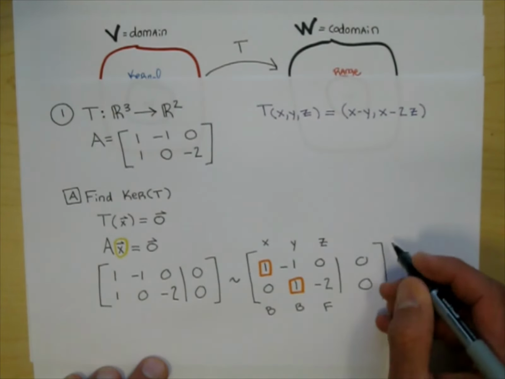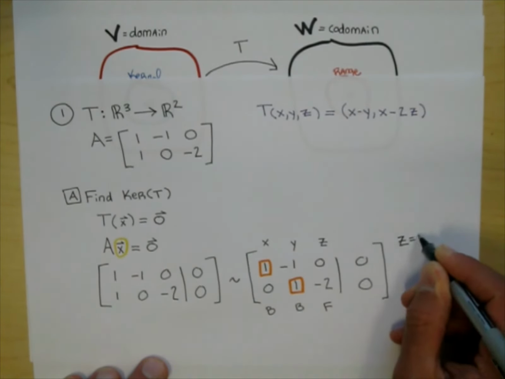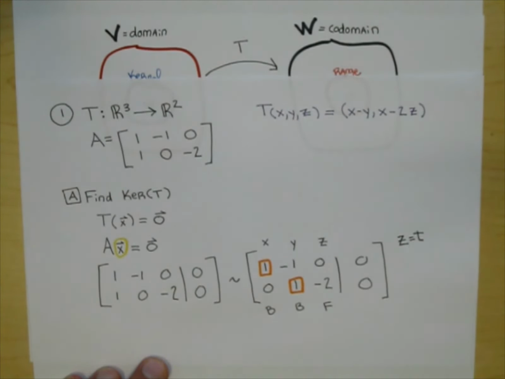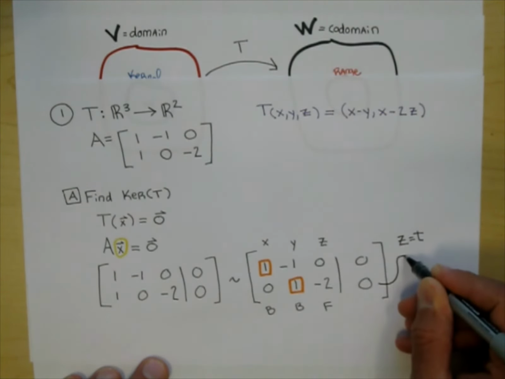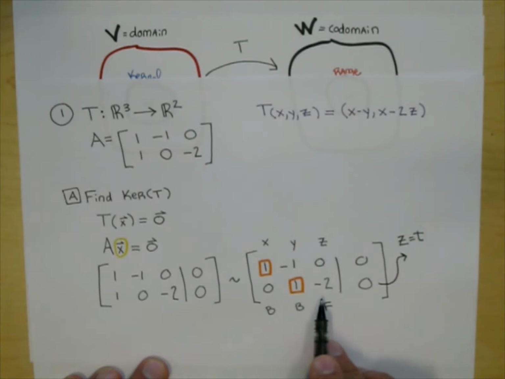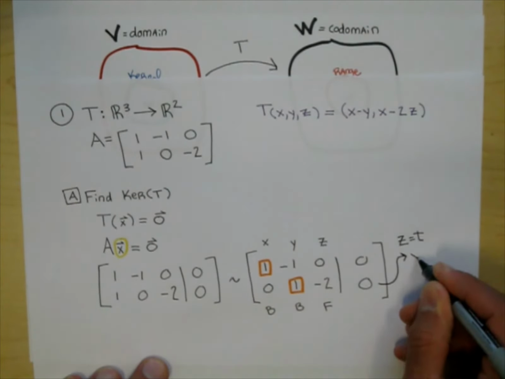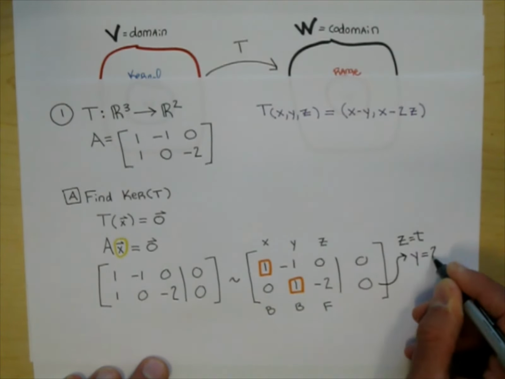Z is free, therefore we'll go z is t. From the second row, we have y minus 2z equals 0, or y minus 2t equals 0, y equals 2t.